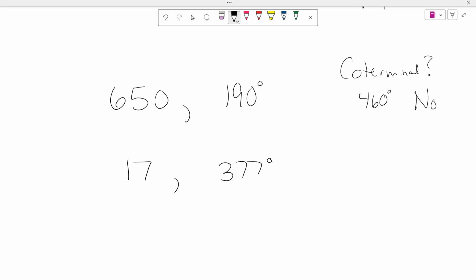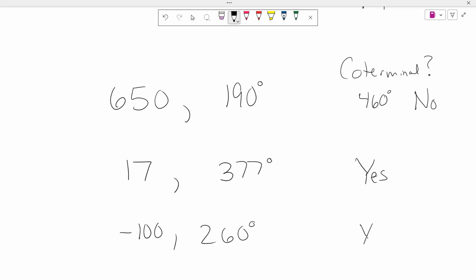17 degrees, 377 degrees. Coterminal, yes or no? Yes. Negative 100 degrees and 260 degrees. Coterminal, yes or no?